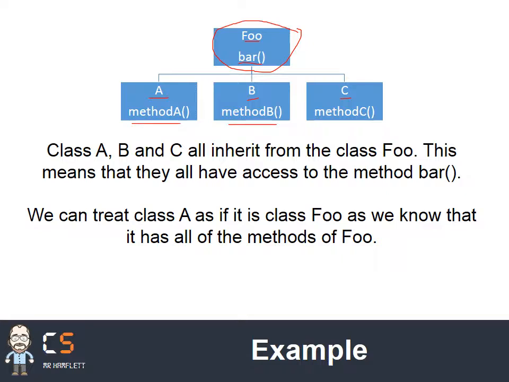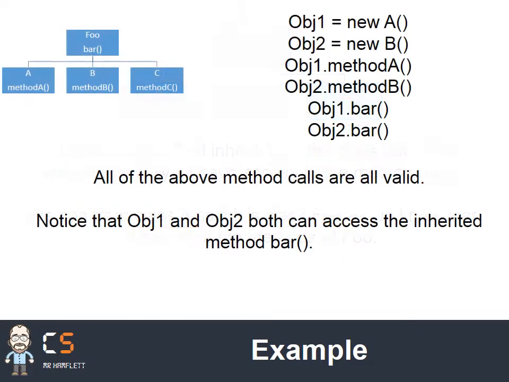However, each class A, B, and C also add their own methods, method A, method B, method C. Now, because they all inherit from class foo, they all have the method bar. So we can treat class A as if it's a foo, because we know it has every single method.